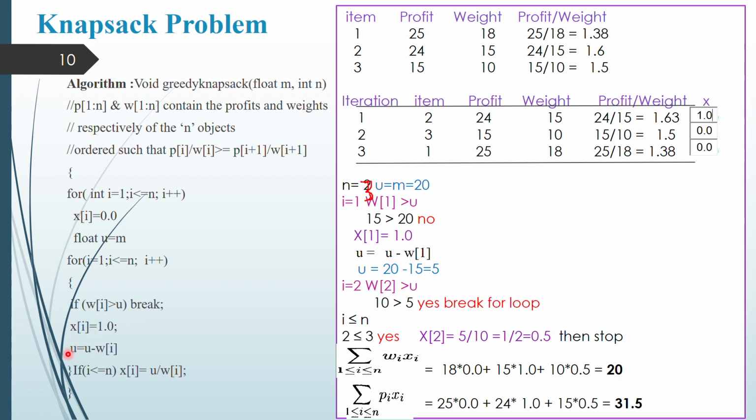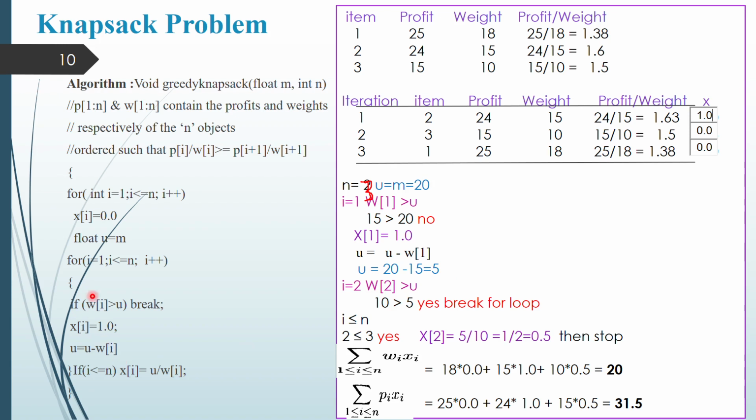After that you have one more statement: U equal to U minus W of I. I value is 1. U value is 20 and W of 1, the weight of the item in this iteration, is 15. 20 minus 15 is 5. So U is 5 here. This is your last statement.